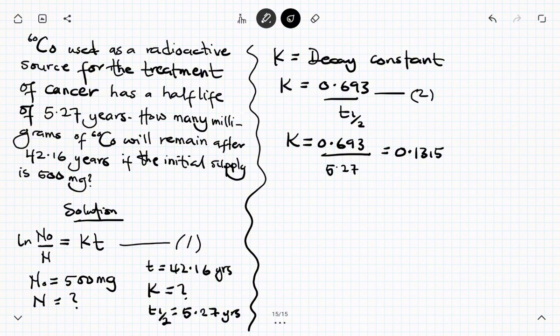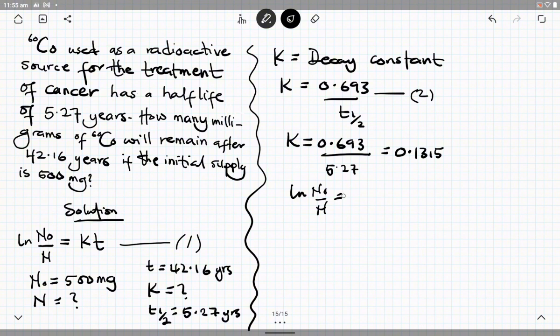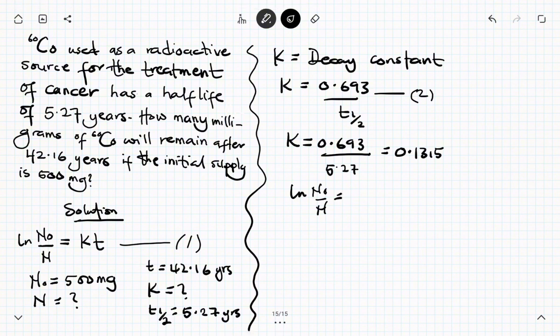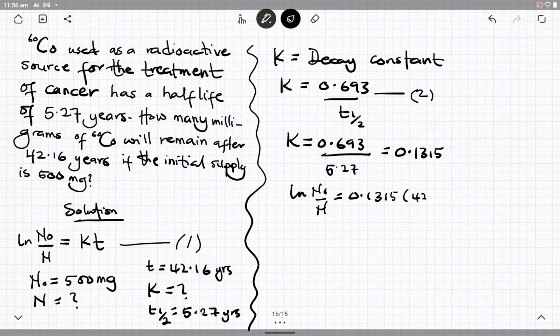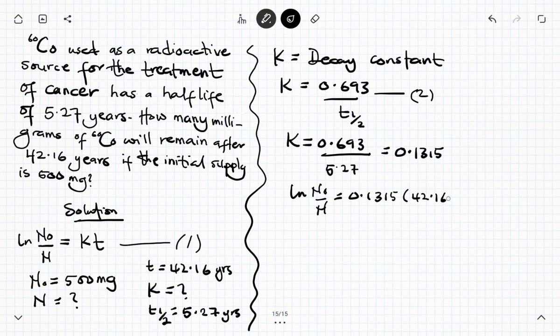Now we have ln N naught over N equal to KT. Now the K is 0.1315 times T. The T is 42.16 years.